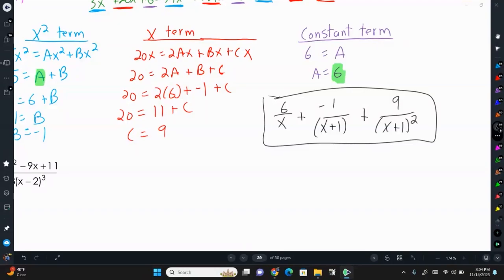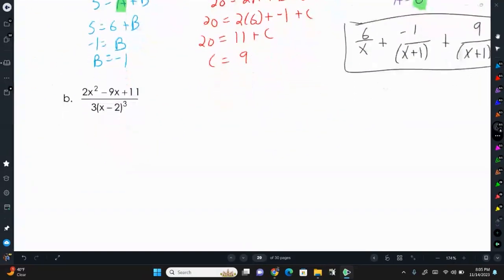So this process can get rather confusing. We just have to make sure we are very organized with our work so we can see where things line up. All right, last one. We have 2x squared minus 9x plus 11 over 3 times x minus 2 to the third power.